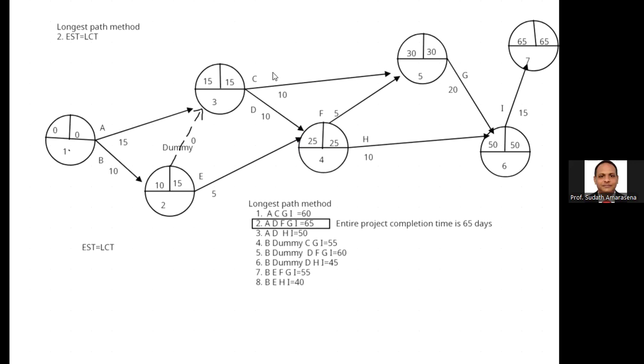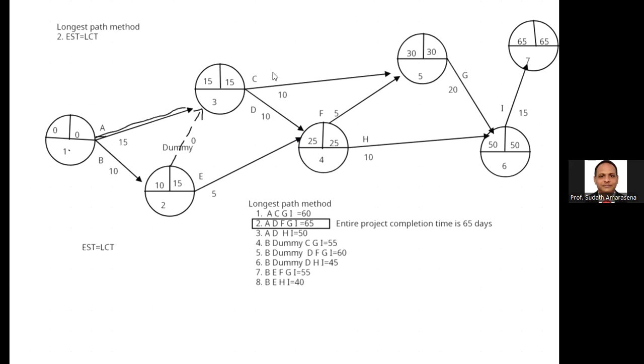Therefore, activity A is a critical activity, because between both events it has the same earliest starting time and latest completion time. I highlight this one, right? Then again, activity D is critical. Sometimes you wonder why C is not critical.